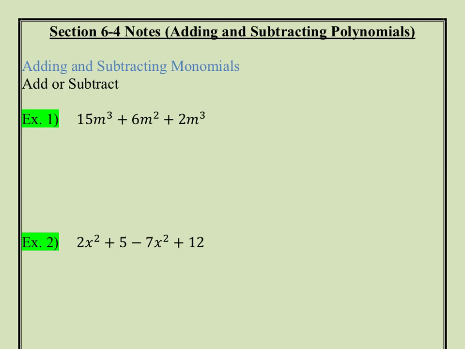6-4 is all about adding and subtracting polynomials. So before you can add or subtract polynomials, it would be important for you to know what a like term is. So add this to your notes. Here's the definition for a like term.